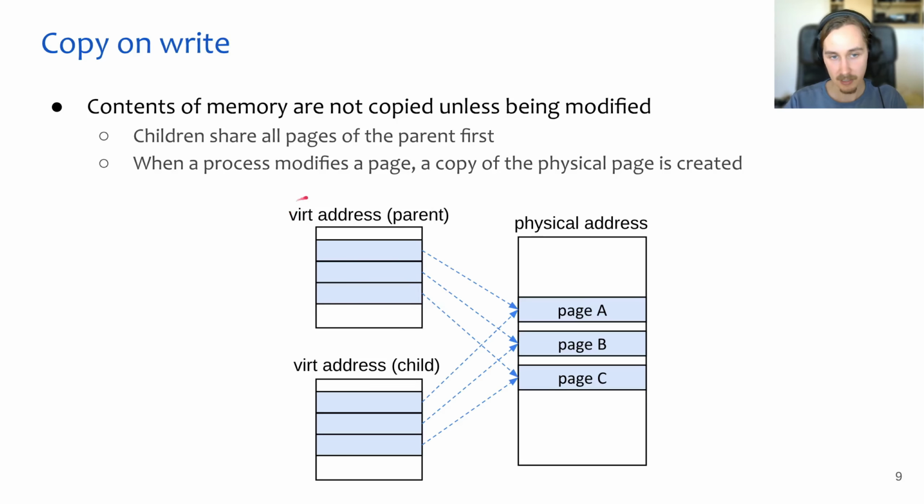So the idea is that we have the virtual address space of the parent process and the address space of the child process, and instead of copying all the physical memory pages that are mapped into the parent and mapping them into the child process, we instead change the memory access permissions to read-only for all pages, which allows us to map them into both processes so that we can avoid the copy.